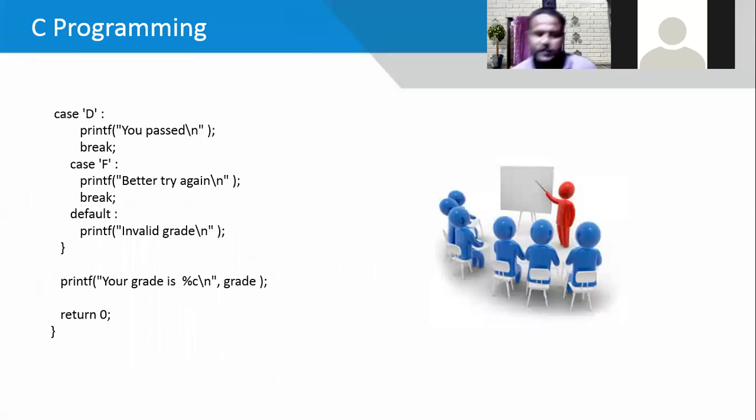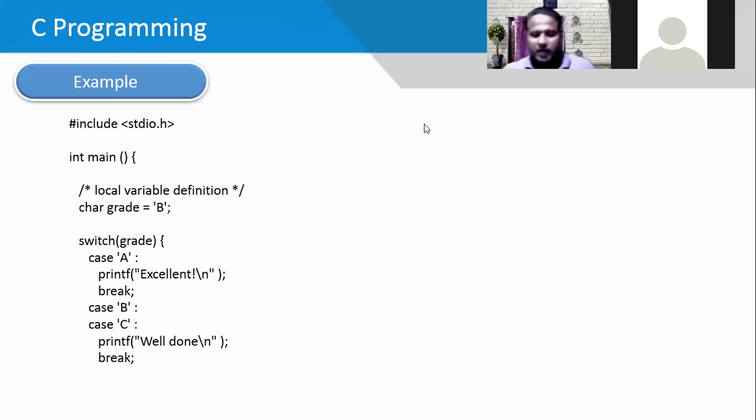So here it is showing you a simple program which is asking you to pass a grade. If you pass grade A, B, C, in between the grades you have to pass. So like character grade we are passing B. When you are passing B or C, it is showing you well done. If you pass A, then it is showing you excellent.